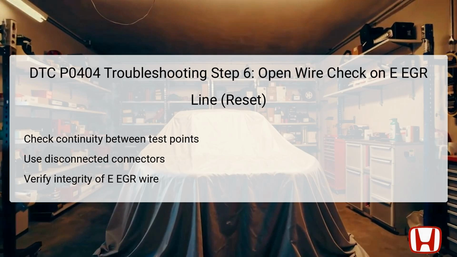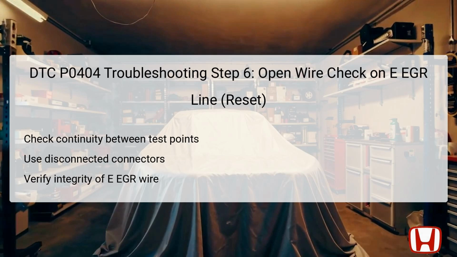With all relevant connectors disconnected, measure the resistance between test point 1 at the EGR valve side, terminal number 5, PUR wire, and terminal number 13, PUR wire at the PCM connector C. The goal is to confirm that the wire connecting the ECU and EGR valve is continuous and free of open circuits.